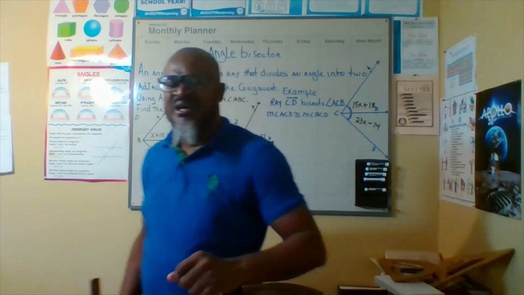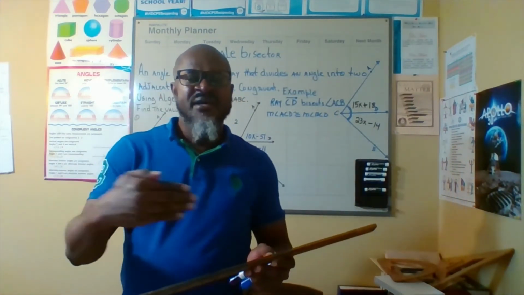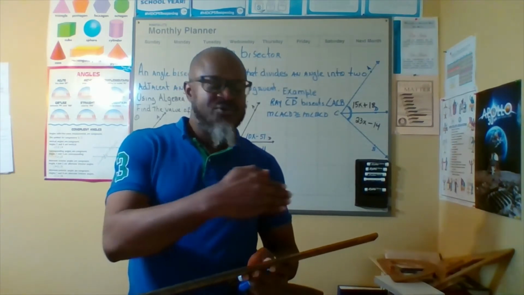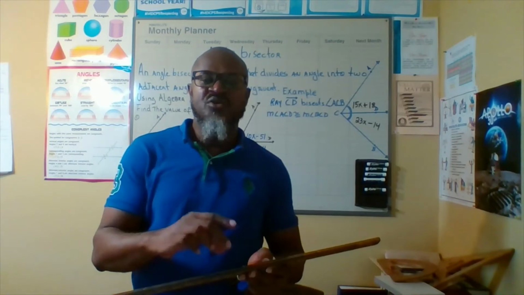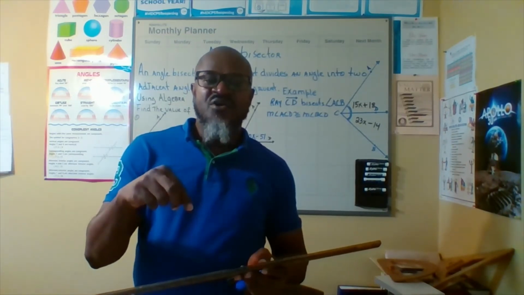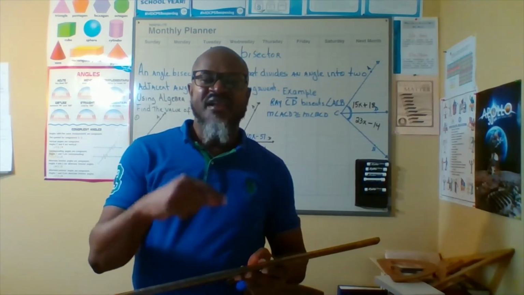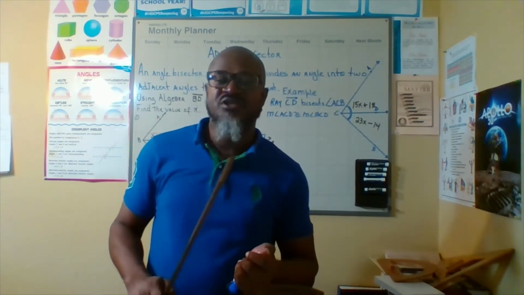In other words, you have a big angle and you have a ray that passes through the vertex and divides that angle into two equal parts. So you have a large angle and a ray that divides that angle into two angles. Each part of the angle is equal to the other.